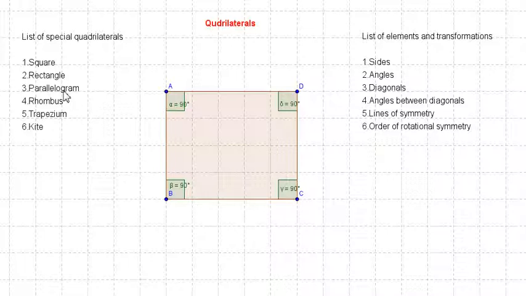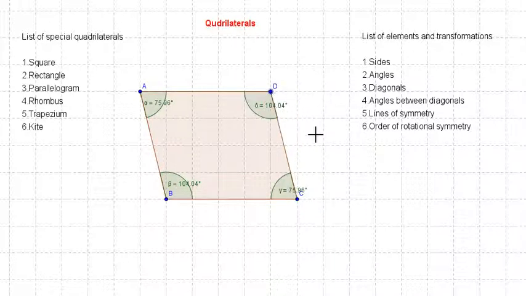Now let's move on to another shape of quadrilaterals. Here on the list it is a parallelogram. And a parallelogram has 2 pairs of parallel sides.